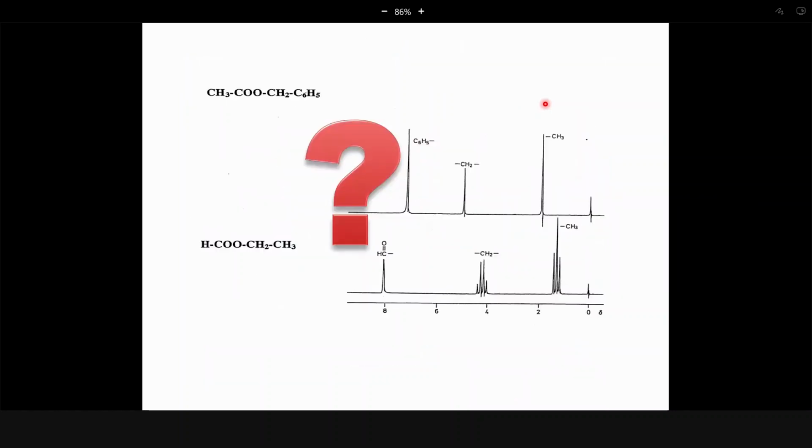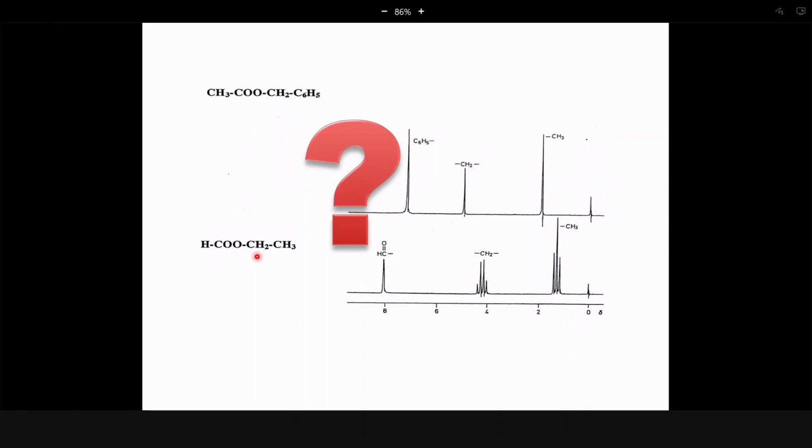So when you get a spectrum, it looks like this or this. And as you can see, it is directly related to the chemical structure. So today we will try to understand the difference between this spectrum and this one.